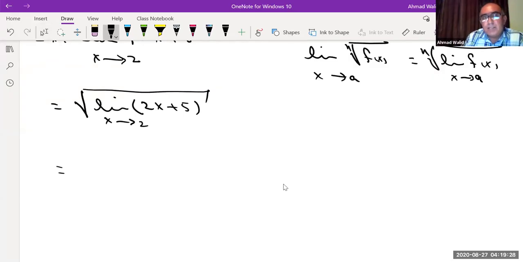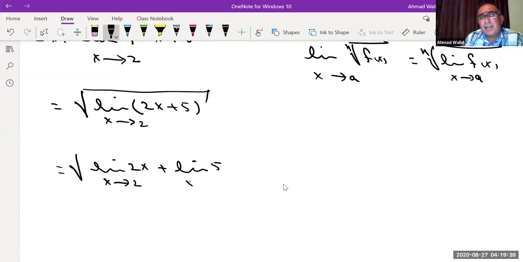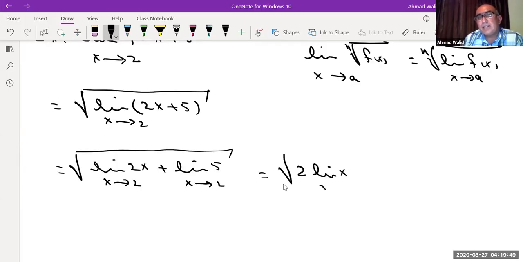Then you can write this one as the square root of the limit of 2x as x approaching 2 plus the limit of 5 as x approaching 2. Again, here the constant rule: you can write the square root of 2 times the limit of x as x approaching 2 plus the limit of 5 as x approaching 2.